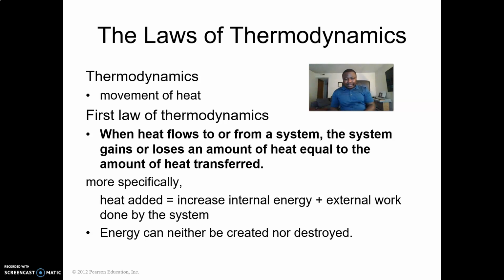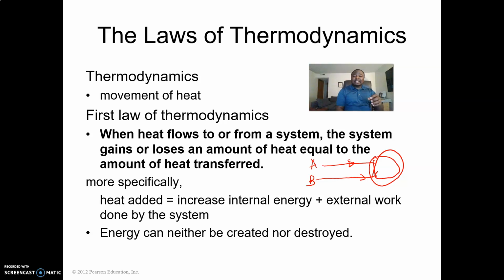Okay, now this is what it means. If we have a certain object, let's call this object A, and let's say heat flows to object A. Heat flows to A and B. 2 heats are entering into object A, or this stone, whatever the case may be.